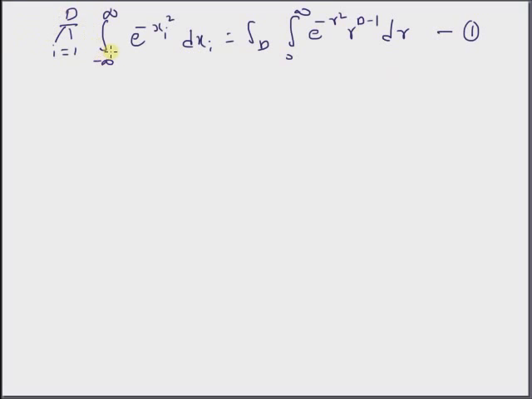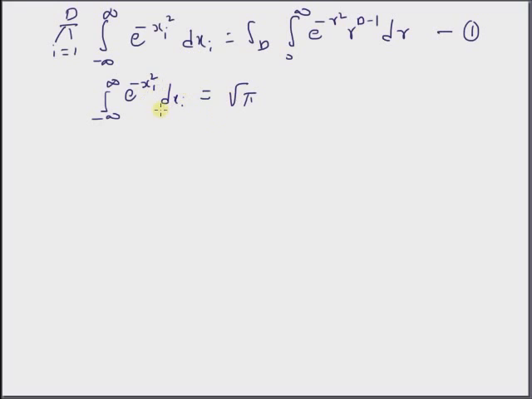Now we consider this equation 1. Now if you look at the left hand side, this integral minus infinity to plus infinity e power minus xi square dxi is equal to square root of pi.